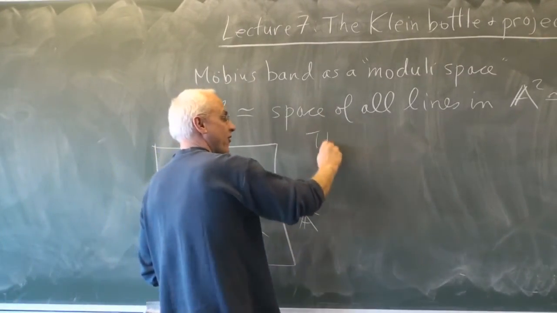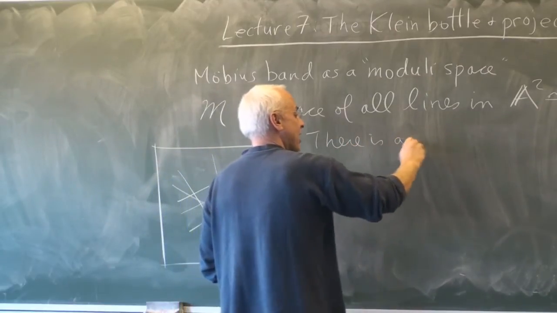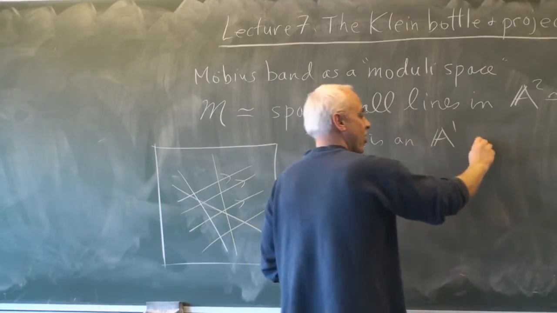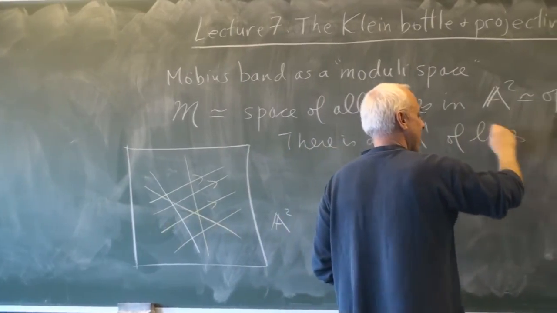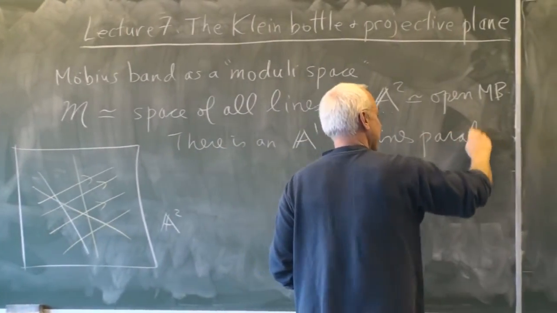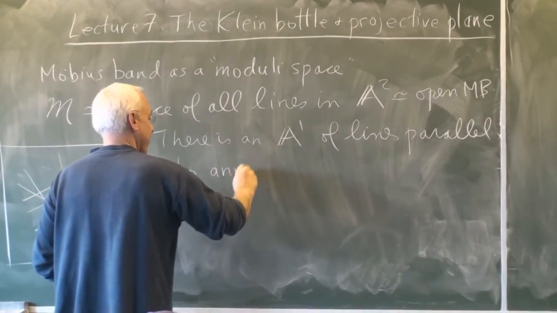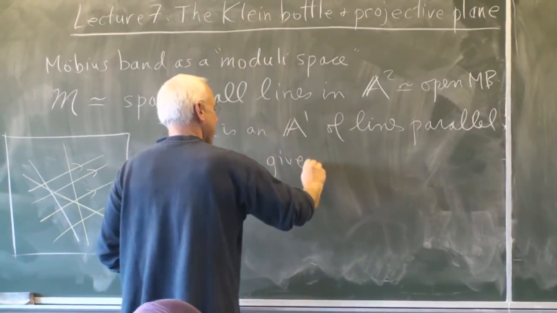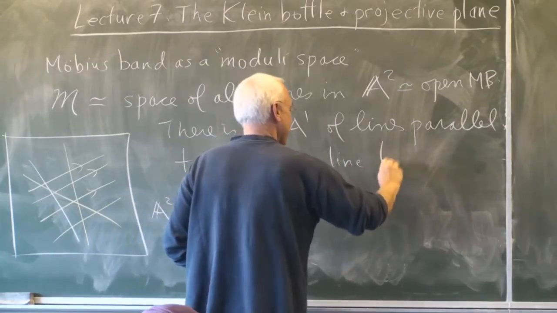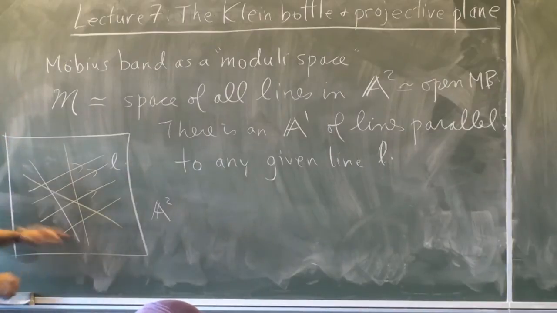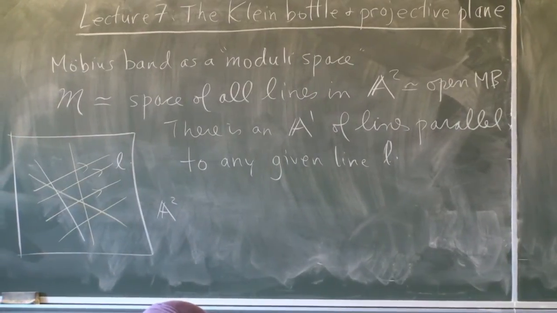So there is a line, say an A1, of lines parallel to any given line L.